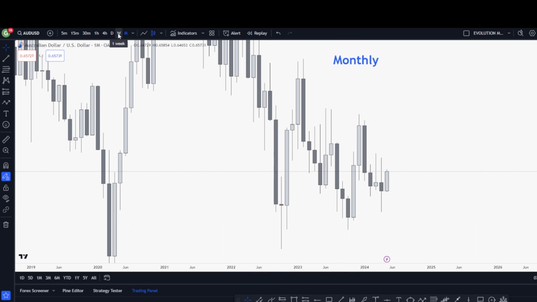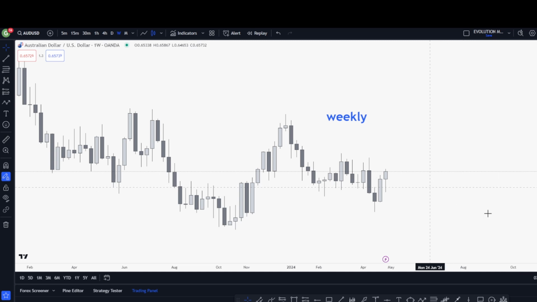We drop down to the weekly. So what do we see in the weekly?